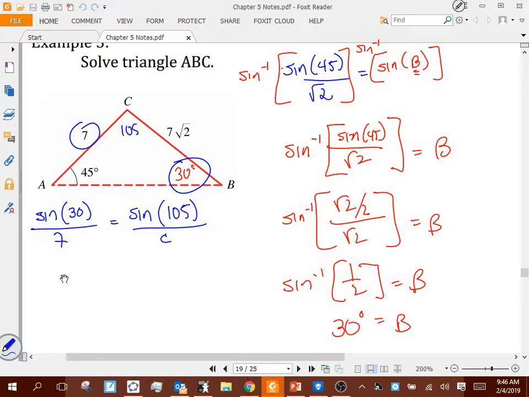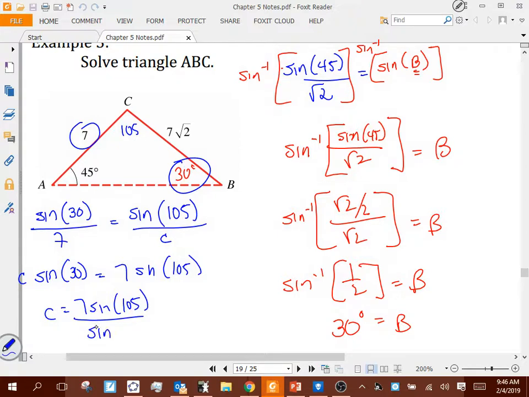So I'm going to cross multiply again. I'll get sine of 30 times c is equal to 7 sine of 105. And I divide both sides by sine of 30, right? 7 sine 105 divided by sine of 30, which is just 1/2. But I don't know what sine of 105 is.